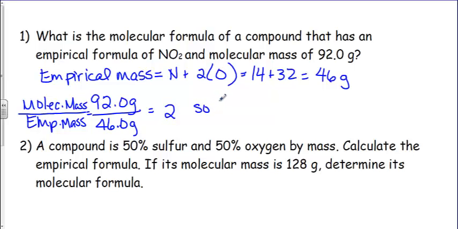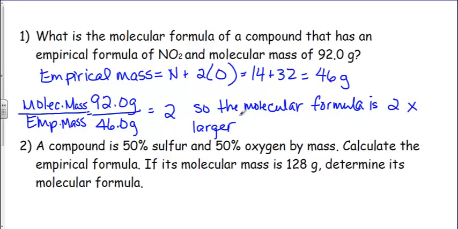So the molecular formula is 2 times larger. We multiply that out: we have NO2, multiply all the subscripts by 2, and N2O4 will be your answer.